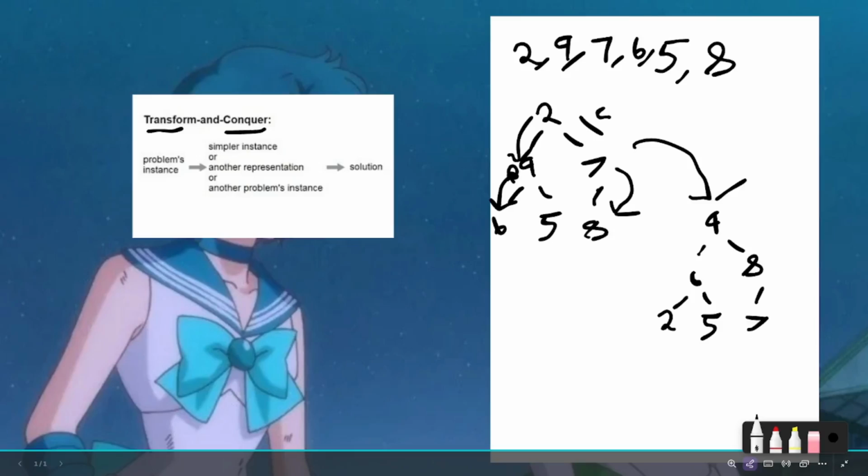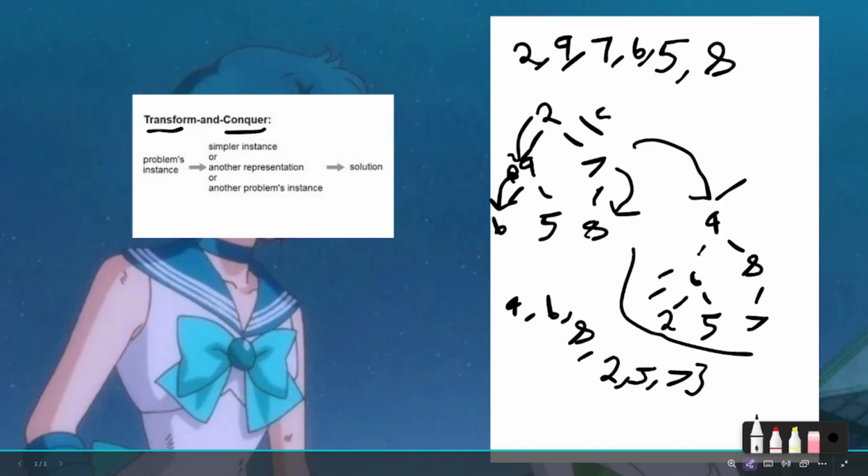Perfect. Now, to represent this in array form, we'll be getting it to look like, kind of running out of room, but I'll make it work. 2, 5. Hopefully that makes sense. Yeah, that makes sense.